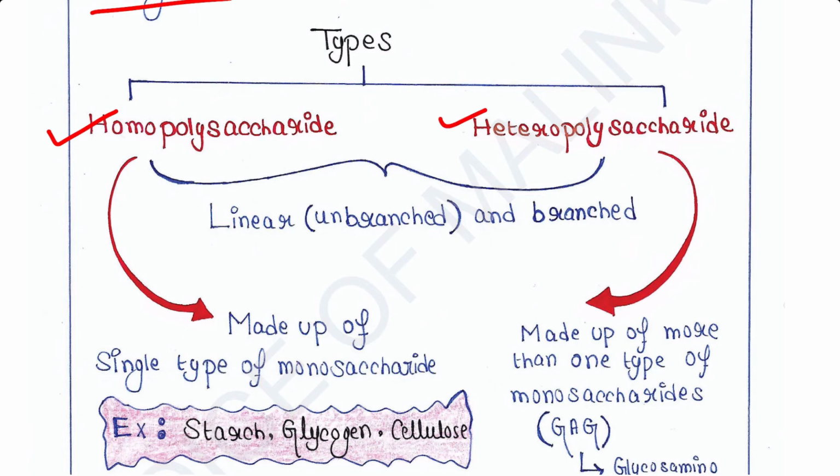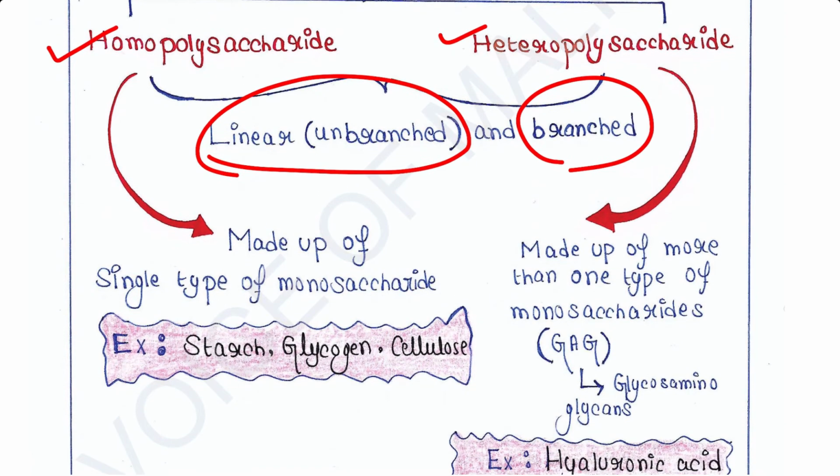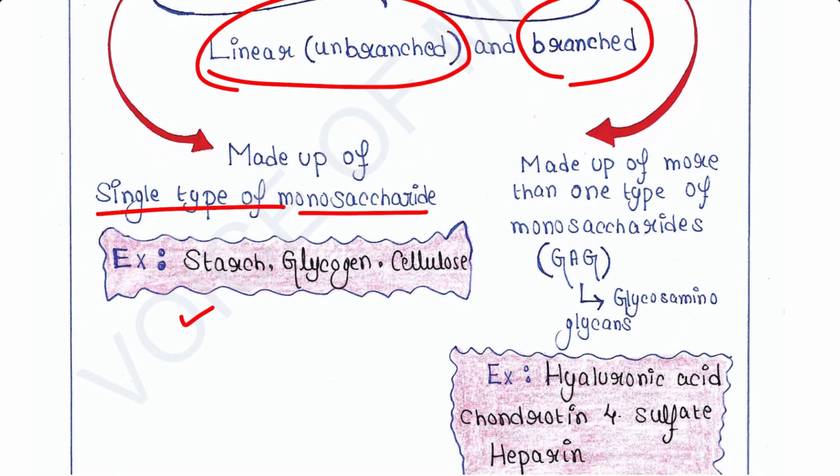Both homo and heteropolysaccharides are linear, that is unbranched, or branched. Homopolysaccharides are made up of only a single type of monosaccharide. Example: starch, glycogen, cellulose.